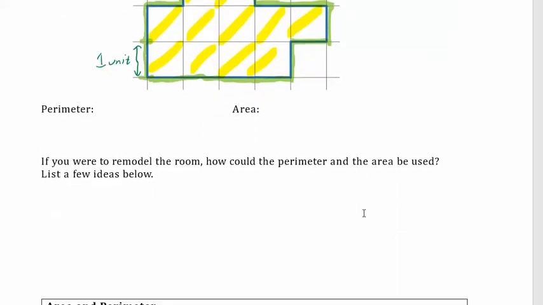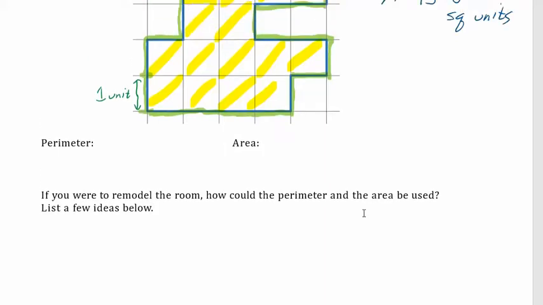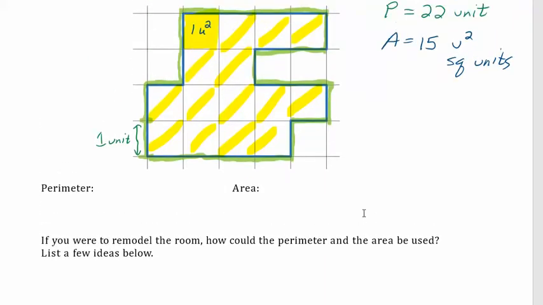If you were to remodel the room, how could the perimeter and the area be used? List a few ideas below. So the motivation here is just thinking about the real life applications of area and perimeter. So if you were remodeling your room, as far as perimeter goes, that would be things like molding, when you put molding around the bottom of your walls, next to your flooring.